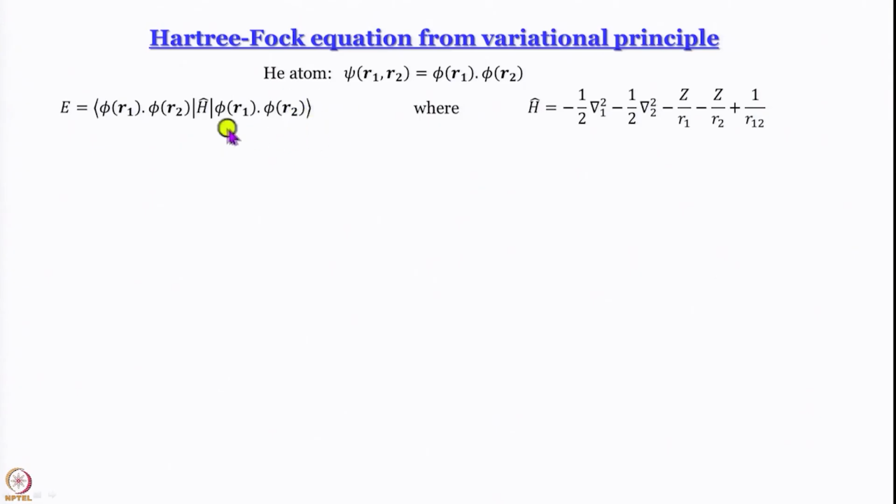Phi of r2 is not a function of r1, right. So, as far as this del 1 square is concerned, it is just a constant. So, it would come out, and minus half del 1 square would operate on phi r1 to yield the kinetic energy, which would be a constant.